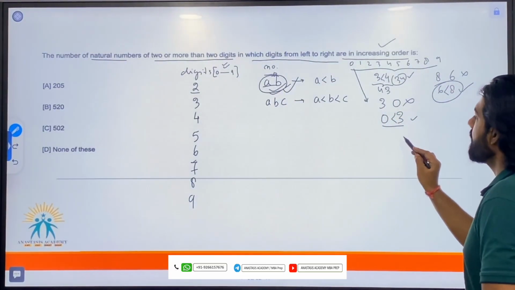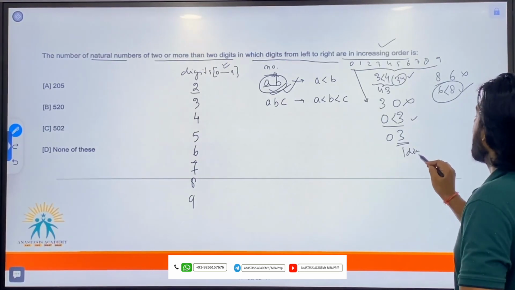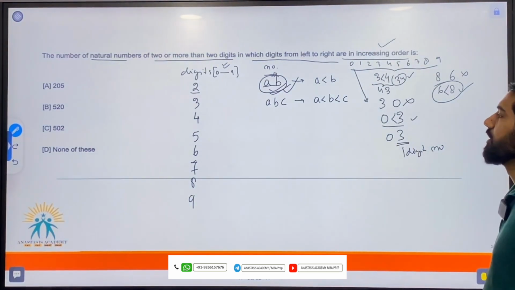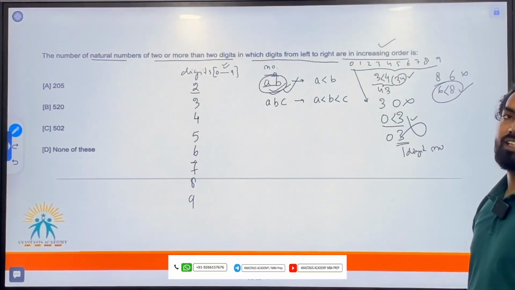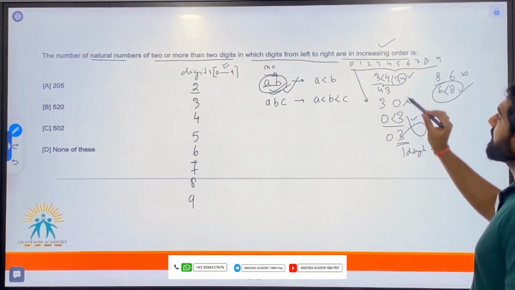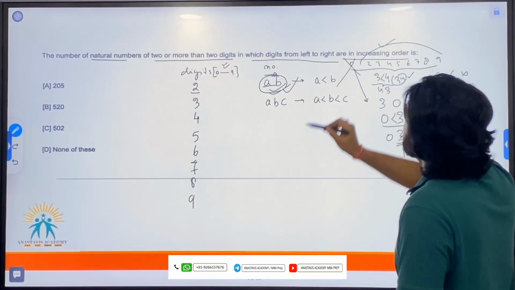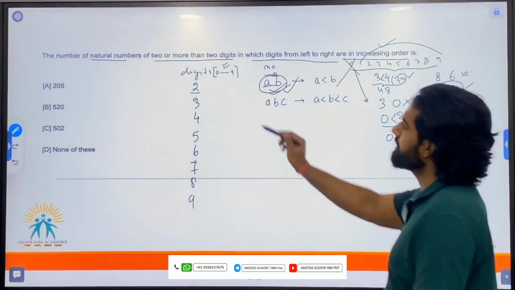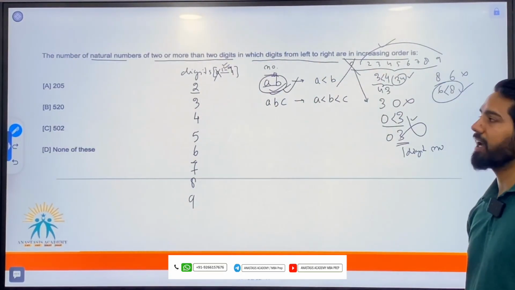If I choose 0 and 3, it will become a 1-digit number. So we cannot choose 0 with any of the digits. The digits to choose from are only from 1 to 9. We cannot choose 0. So digits available are from 1 to 9, not 0 to 9.